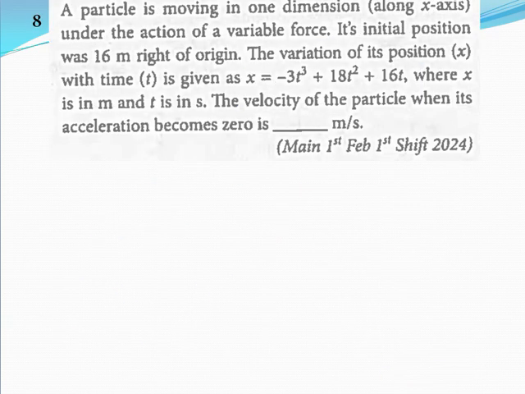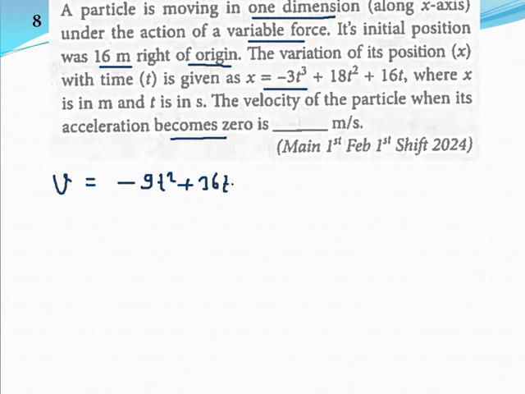Now let us come to the next question. A particle is moving in one dimension along x-axis under the action of a variable force. Its initial position was 16 meter right of the origin. The variation of its position with time t is given. The velocity of the particle when its acceleration becomes 0. Simply differentiating this, the first differentiation will be minus 9t square plus 36t plus 16, and the second differentiation gives acceleration minus 18t plus 36.